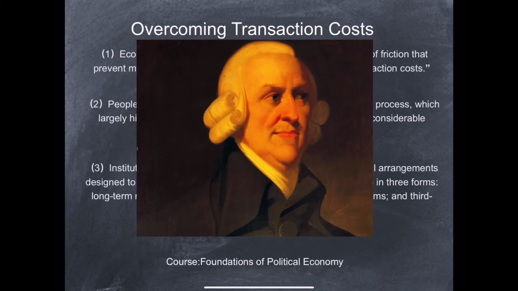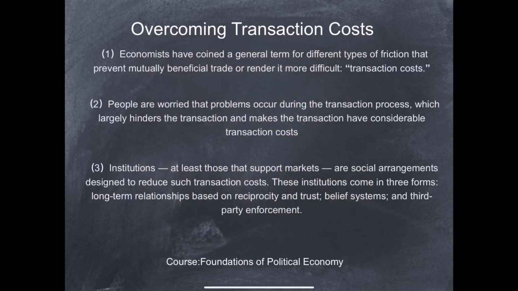They even have coined a general term for different types of friction that prevent mutually beneficial trade or render it more difficult. Let's call it the transaction cost. They achieve economic globalization by reducing transaction costs in international trade, and some are absolutely necessary in trading.